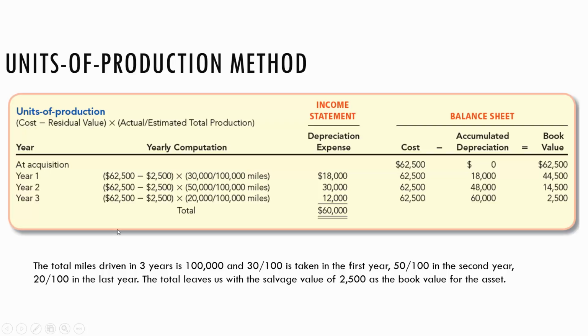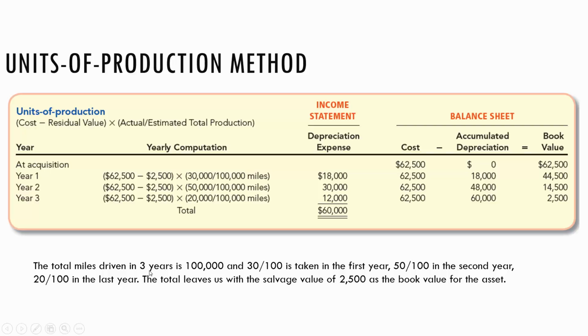In this case, we have year 1, 30,000 miles, year 2, 50,000 miles, year 3, 20,000 miles. One thing you have to be careful of in this method is that if this machine were to be used for more than 100,000 miles, you would not take depreciation on any of those miles over the 100,000.